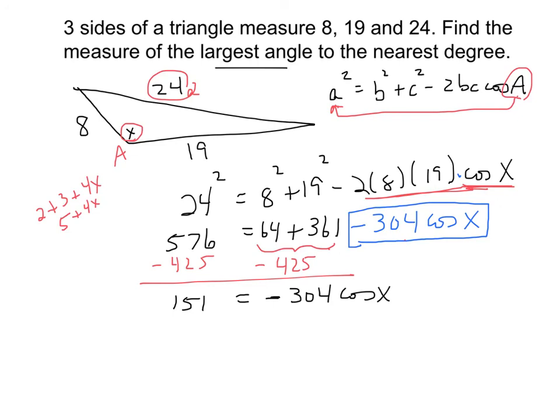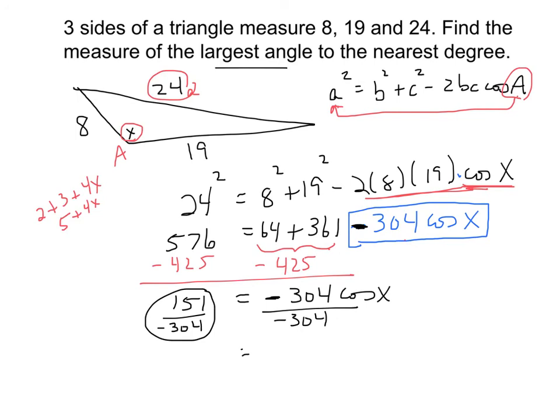Be careful to not lose this negative right here. It's easy to miss, an oversight. You want to make sure that this is always negative. So now what happens is when we're dividing both sides by negative 304, in order to clean this up, this ratio here is going to be negative, and that's okay.